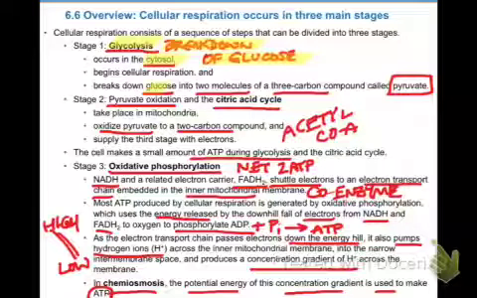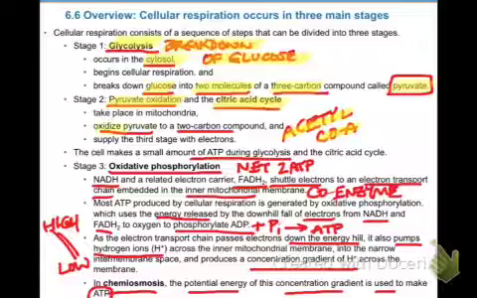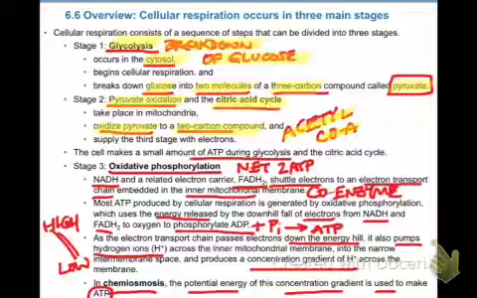Pyruvate. Then in the second step, pyruvate is oxidized, enters into what we see as the citric acid cycle as acetyl coenzyme A, which we'll talk about. But we oxidize pyruvate to this 2-carbon compound, which winds up being acetyl coenzyme A, which we're going to talk about here in a moment.